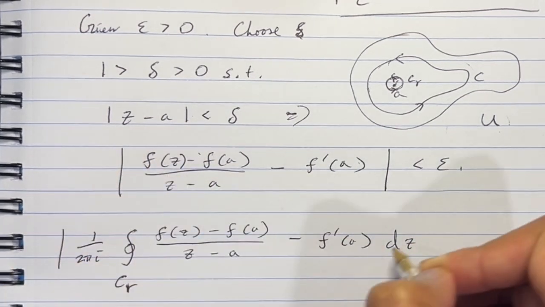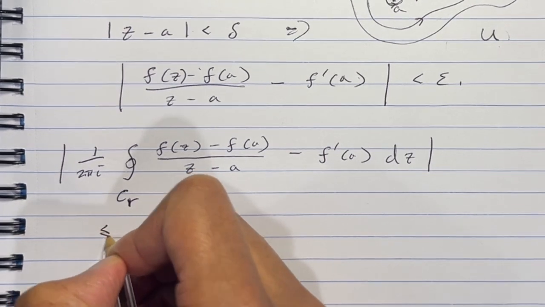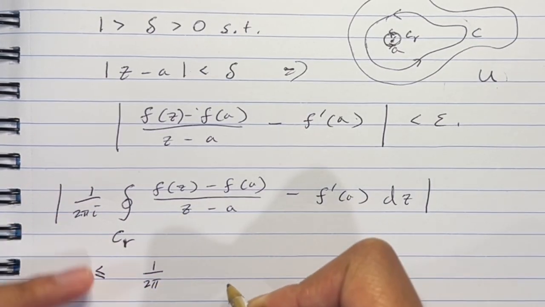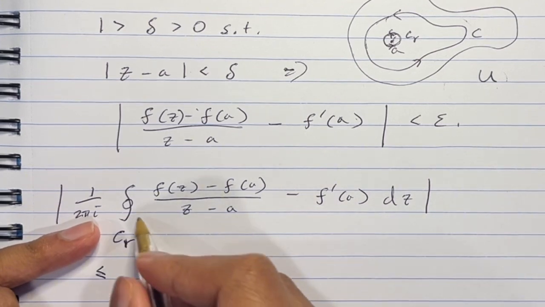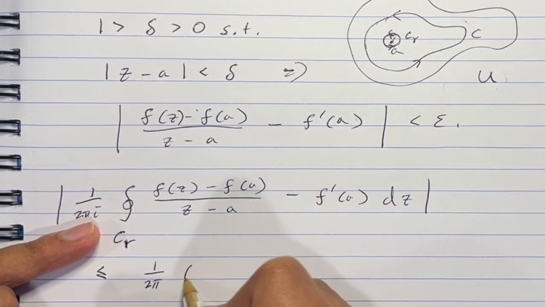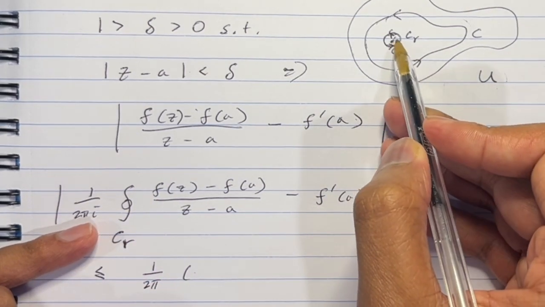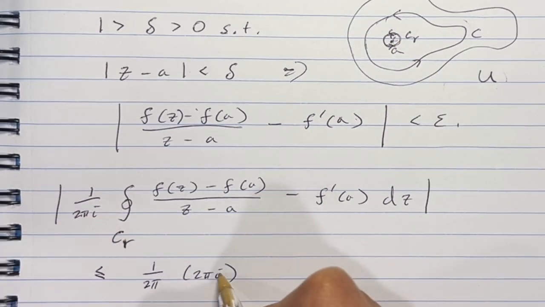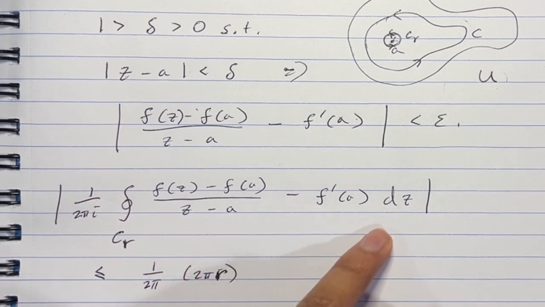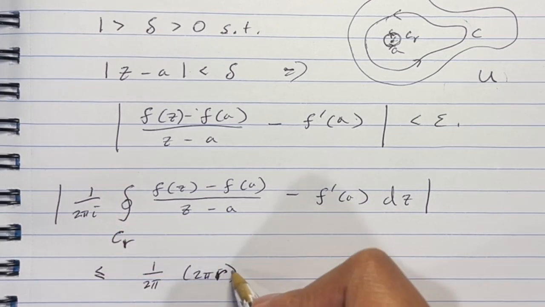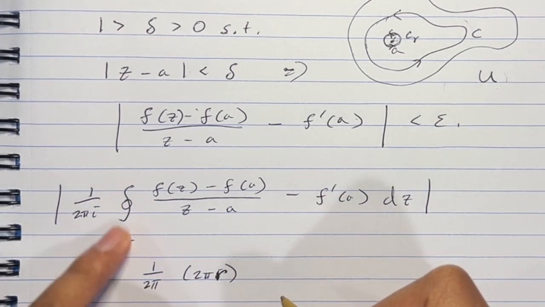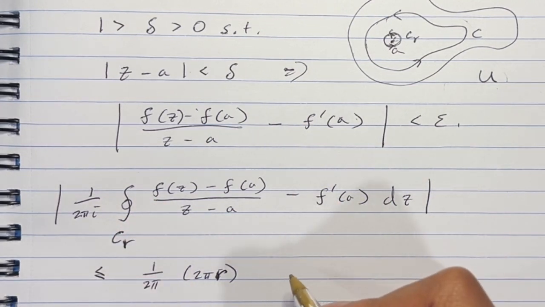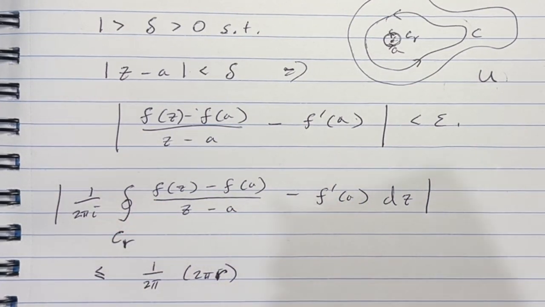So let's take the absolute value of this. This is less than or equal to 1 over 2 pi, which is this front bit, times the length of this integral. The length would be, with radius r, the circumference 2 pi r. Then we want the maximum value of the inside. So we're taking the length of the integral and multiplying by the maximum value of the inside of the integral, which gives you an upper bound for the value of the integral.